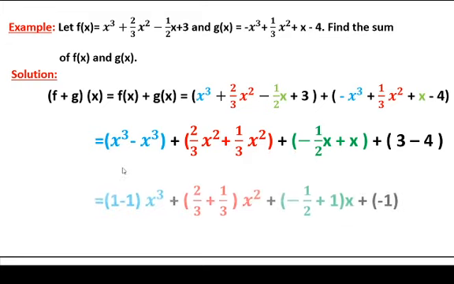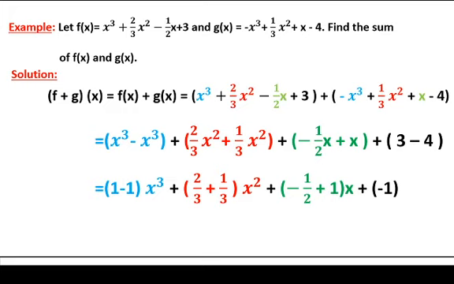And we're going to apply the rule that we have been applying to add like terms, because we just collected them together and we're going to add them, then we will have the simplified form. So here, x to the power of 3 minus x to the power of 3 will be equal to 1 minus 1 times x to the power of 3, because 1 is the coefficient of the first term and minus 1 is the coefficient of the second term.